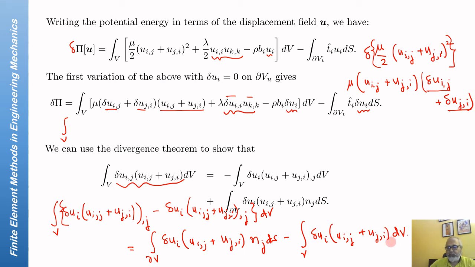So this comma j, this term remains. Similarly, you can do it for this also.